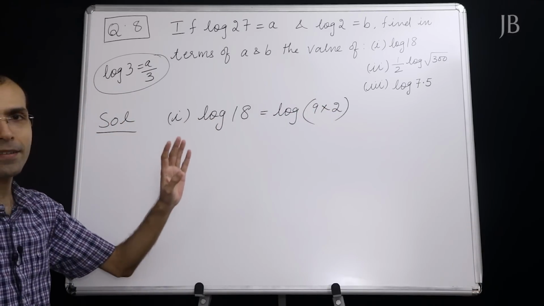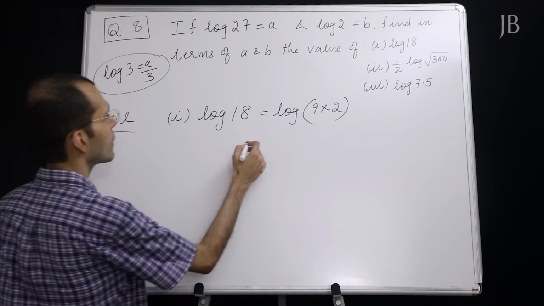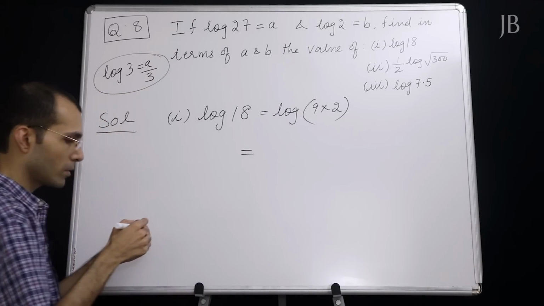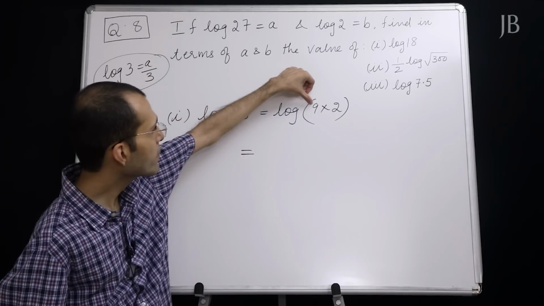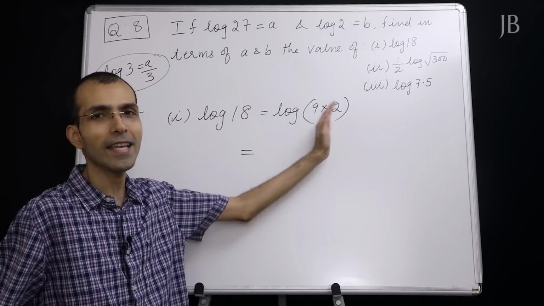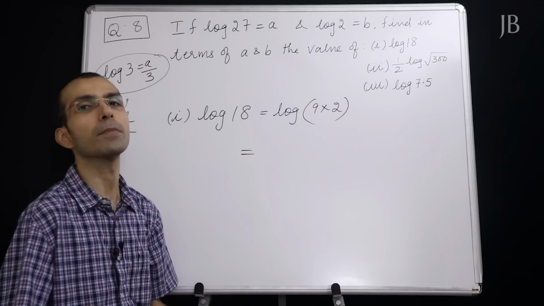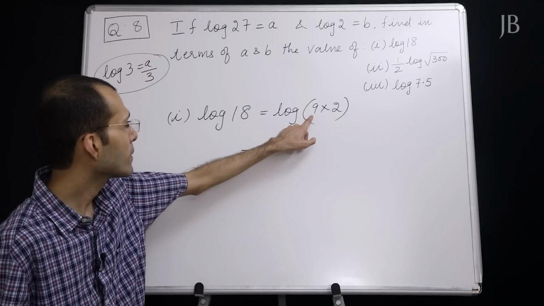This is also log 18. We have just written it in a different form. Take this as your a and take this as your b. So this becomes log of ab, that is log a plus log b. Right? This is a, this is b.